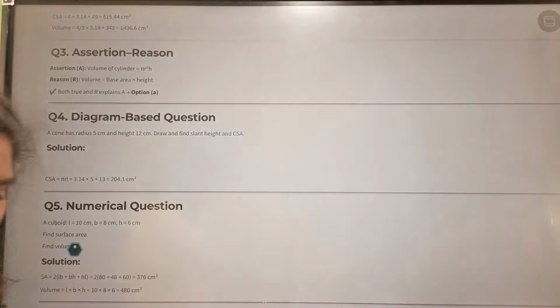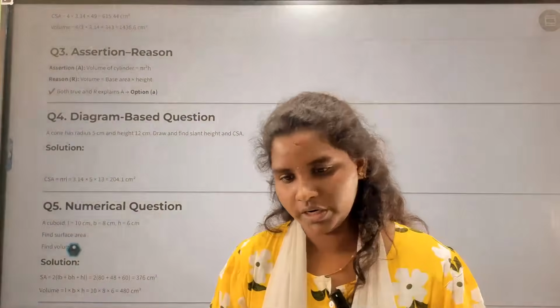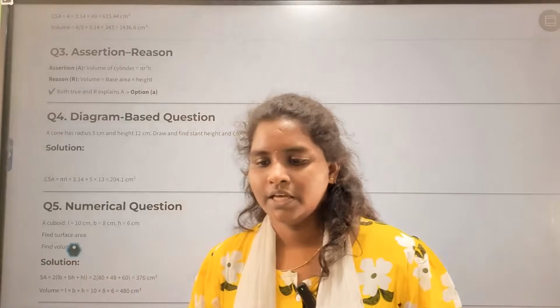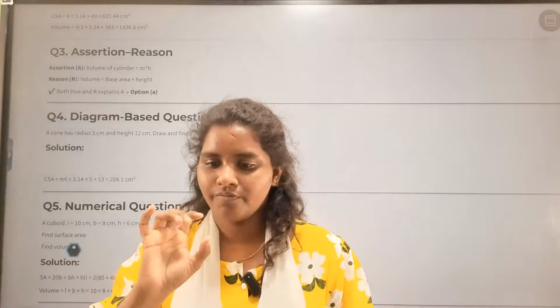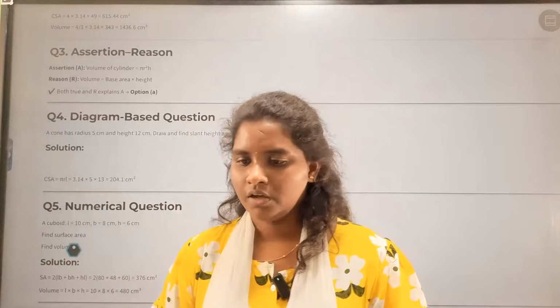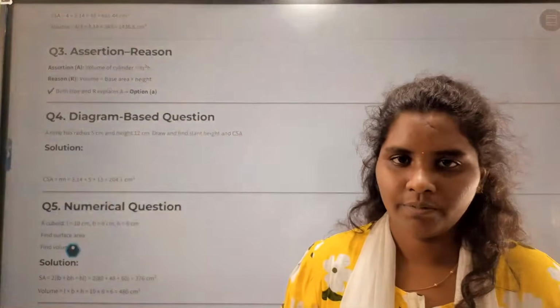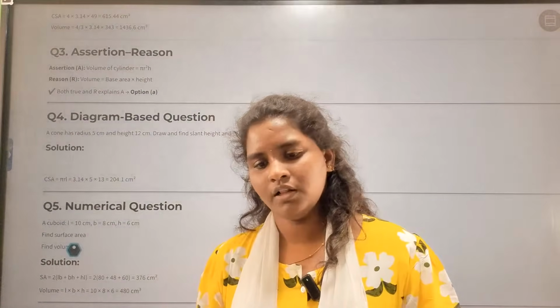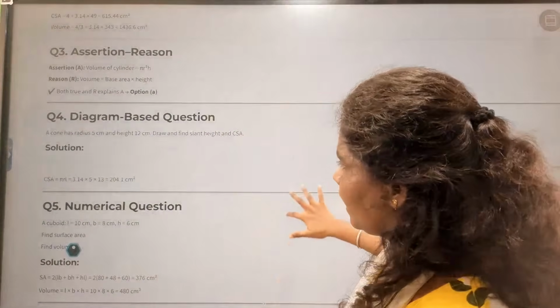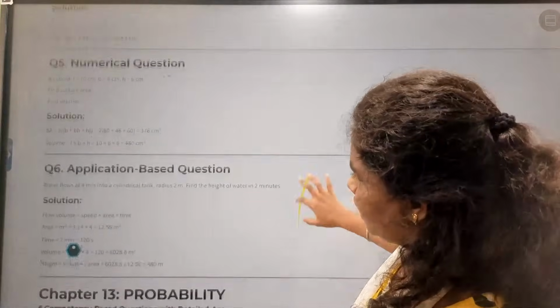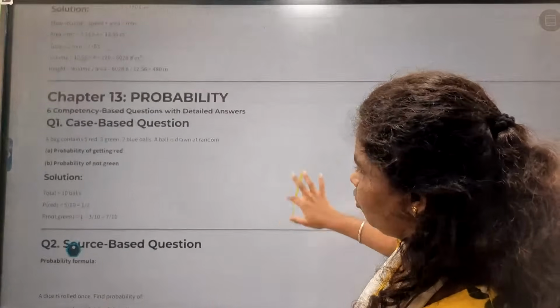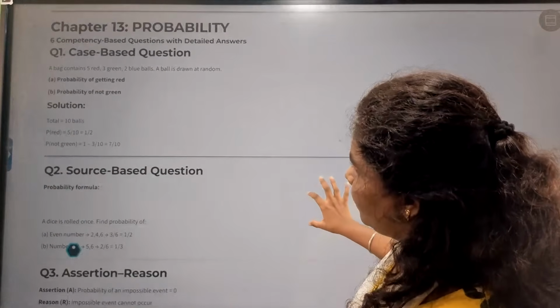Okay, Rahul, in area related to circles you're a little confused. We have sector and segment, right? If you know sector and segment, we will do that also, and numerical, and here we have application based.